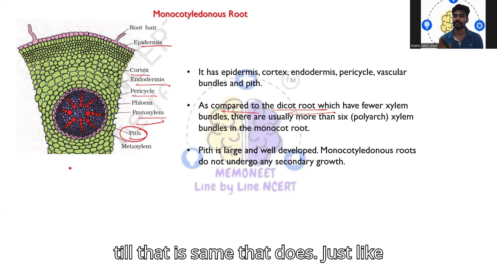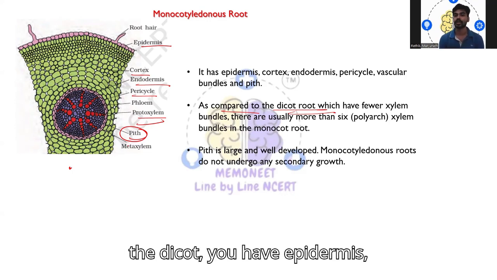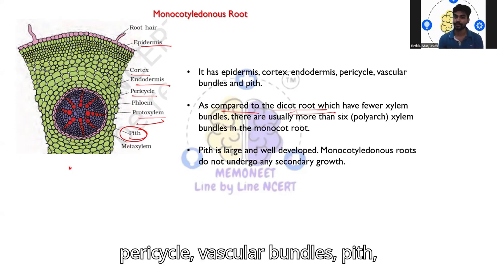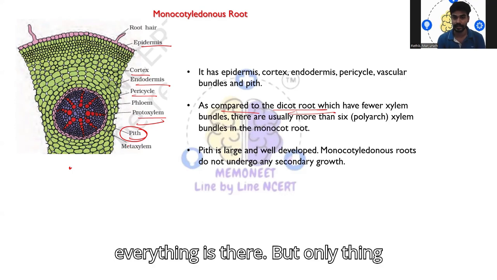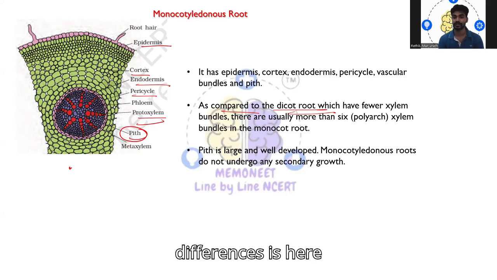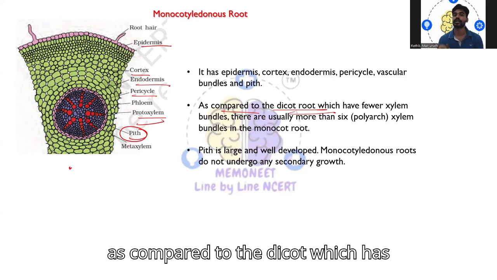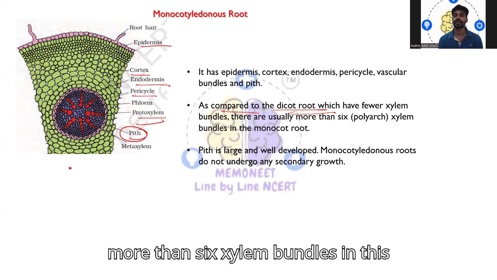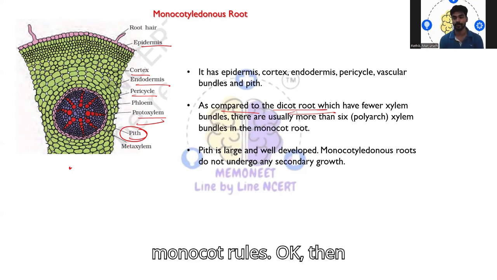Till then it is the same, just like the dicot: you have epidermis, cortex, endodermis, pericycle, vascular bundles, pith, everything is there. But the only difference is that compared to the dicot, which has fewer xylem bundles, there are usually more than 6 xylem bundles in monocot roots.